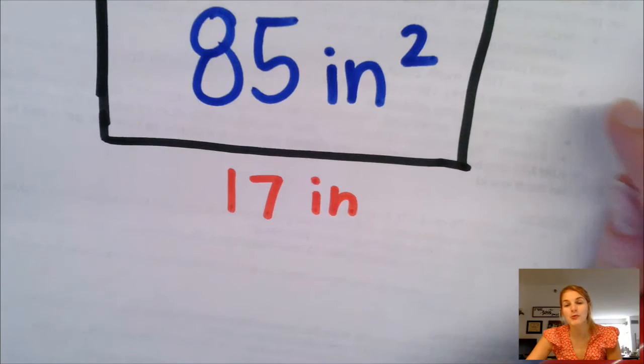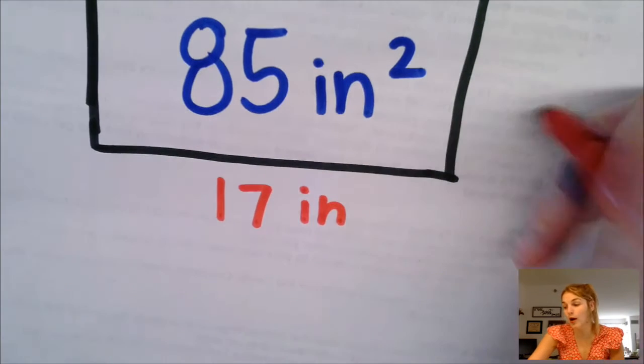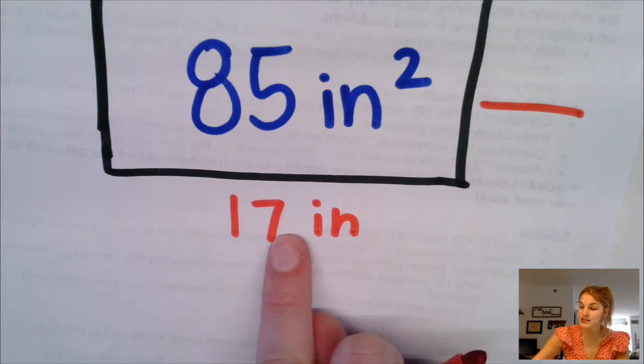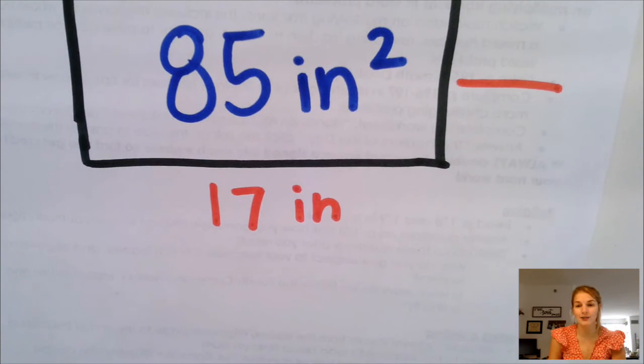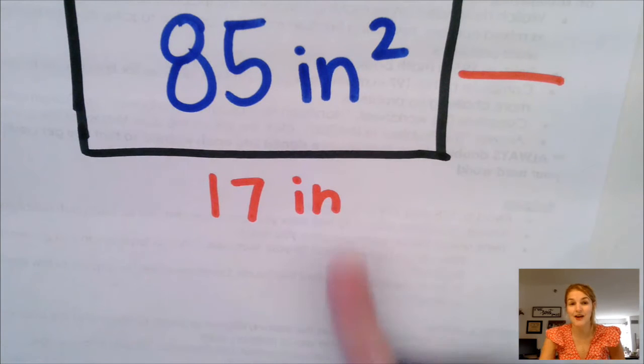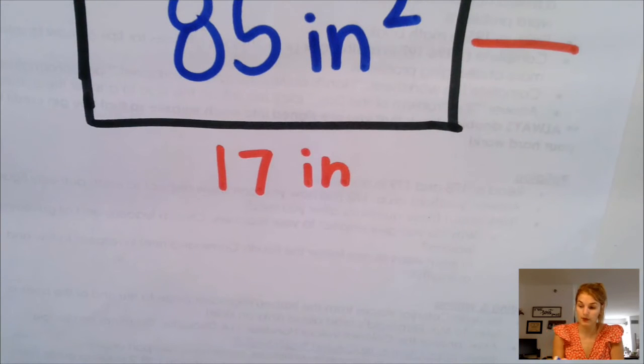So our job is going to be figuring out what our missing width is. So remember, you're saying 17 times what is 85? Well, I don't know that math fact, so I'm going to have to divide. Because remember, when you say 17 times what is 85, it's the same thing as saying 85 divided by 17.